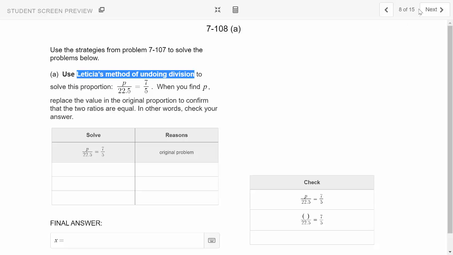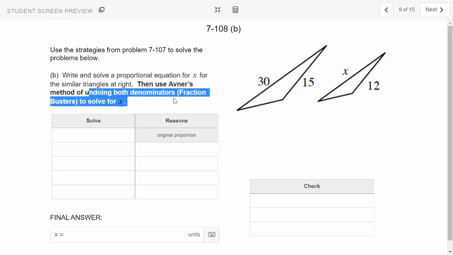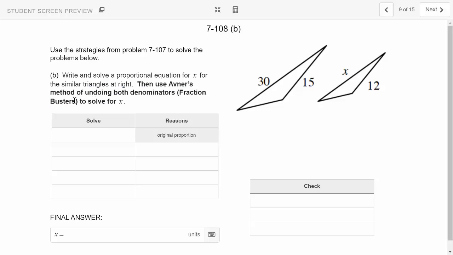On problem B, they want you to use Abner's method of undoing both denominators. You know, fraction busting. You might need to set up a proportion like you did in 6th grade, where you say x is to 30 as 12 is to 15, and you write that proportion and then solve it again in your notebook.